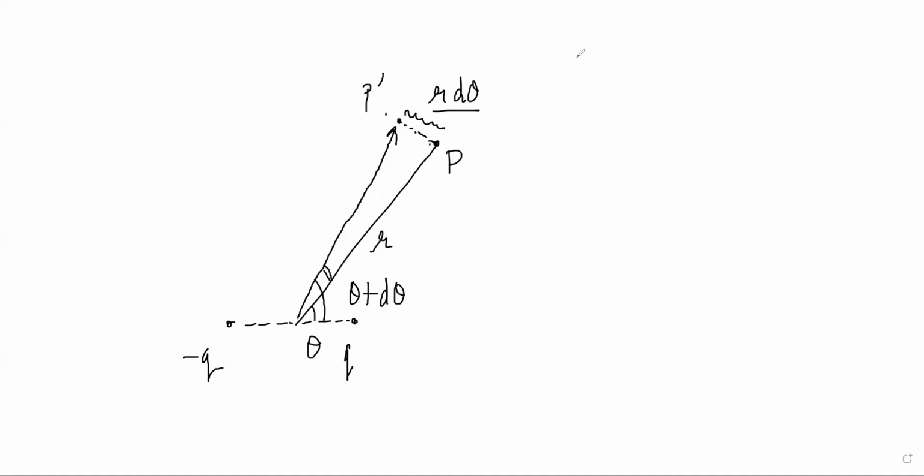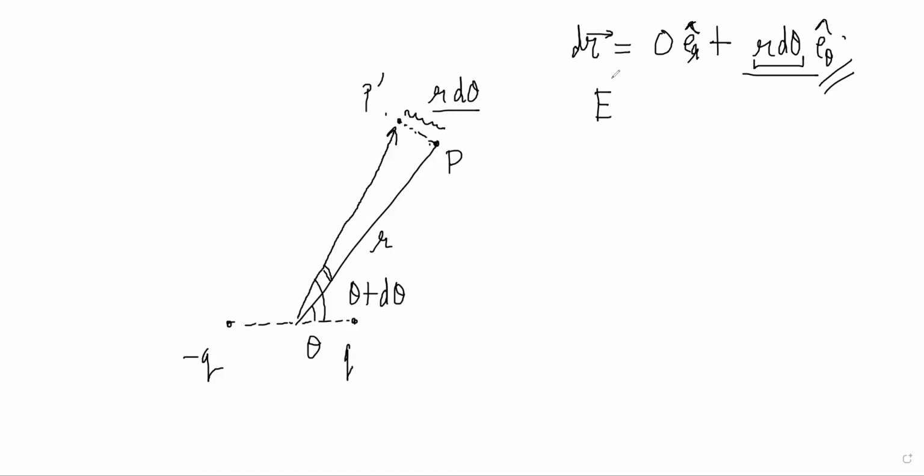So my displacement vector is actually 0 er plus r d theta e theta, right? R d theta is the actual distance you have to move, and e theta is the direction. And my electric field in general was Er er plus E theta e theta.